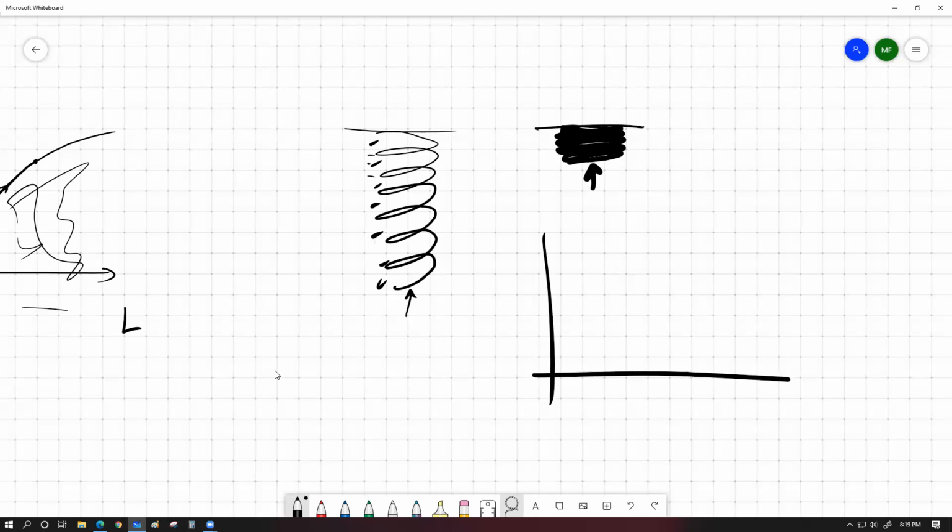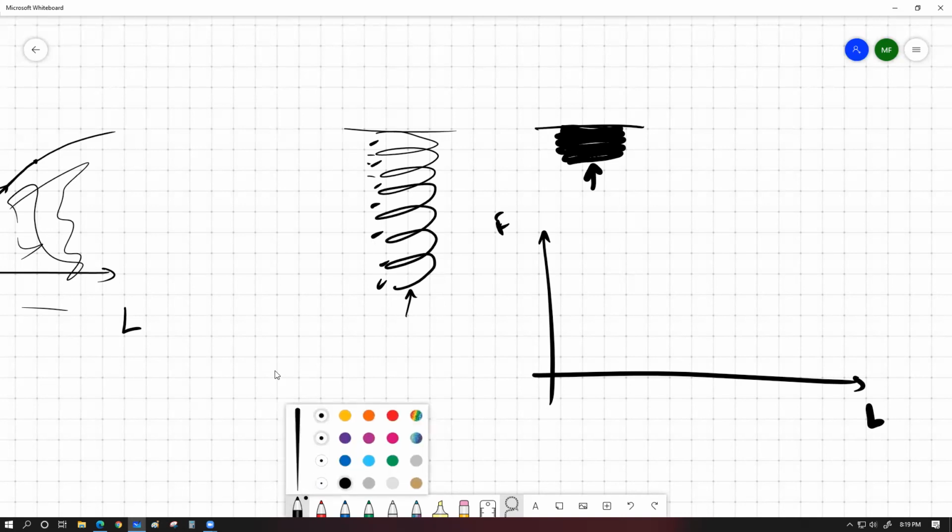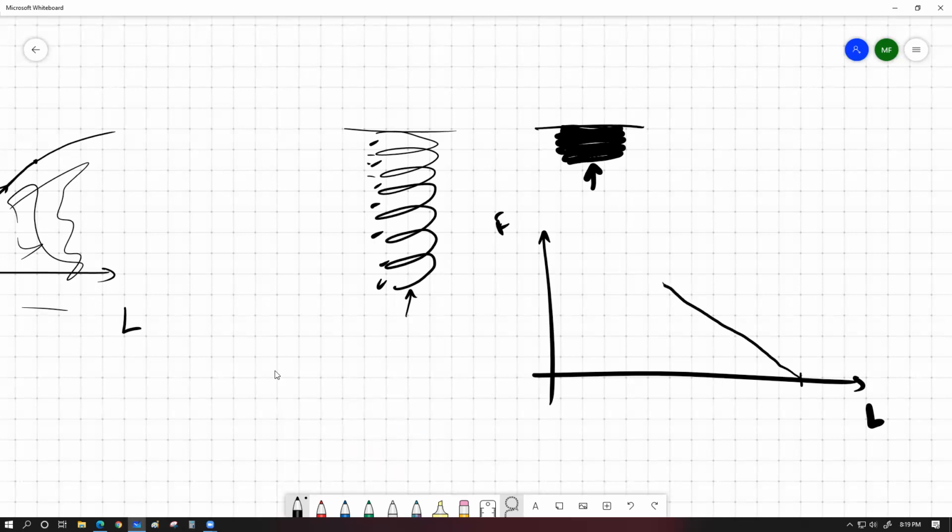So if we try to draw a graph of force versus length for a compressive spring scenario, it might start from a pretty large length, and then for a certain part, it's going to behave linearly. But the moment these coils start touching each other, the graph is going to almost take a vertical rise.